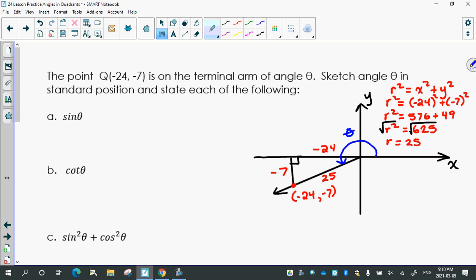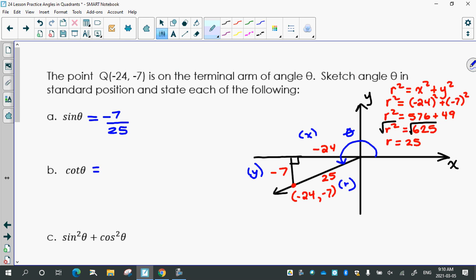Sine theta is always going to be the y value over the r value. So for us, that's going to be -7 over 25. If it helps you to put x, y, and r on your diagram, then do that.